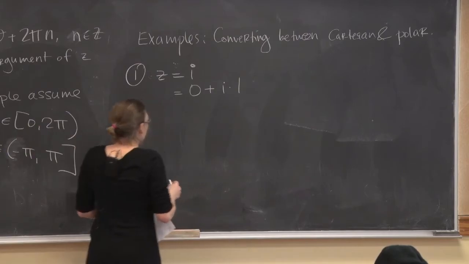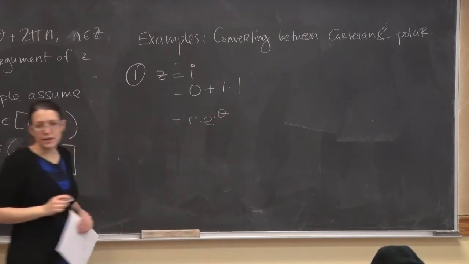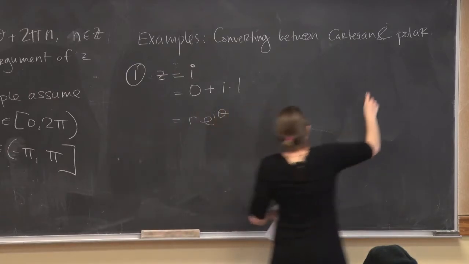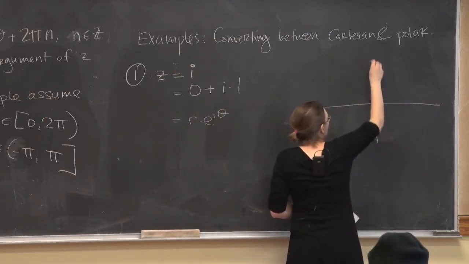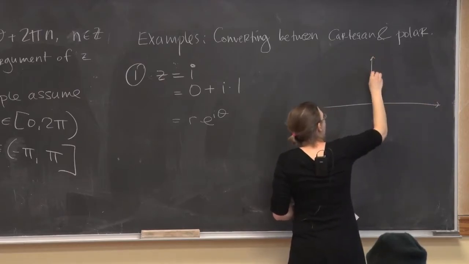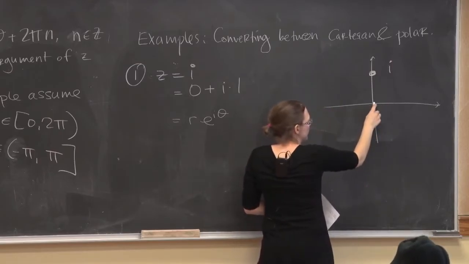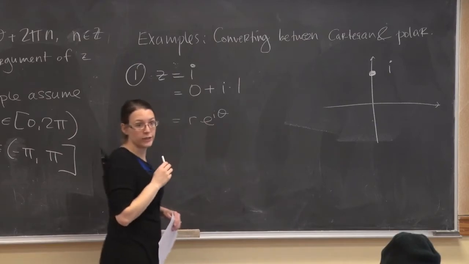And if I want to write it as r e to the i theta, I need to figure out what r is and what theta is. To me, especially for a simple number like this, the best way is to draw it. So i is here, it's 0 in the x direction, 1 in the y direction.